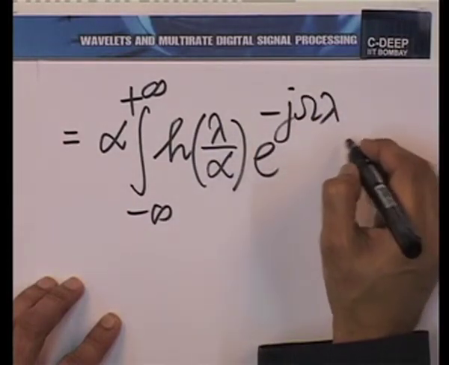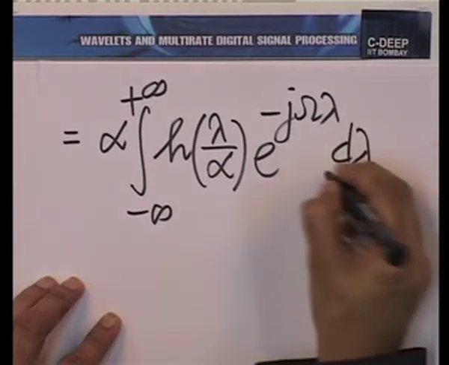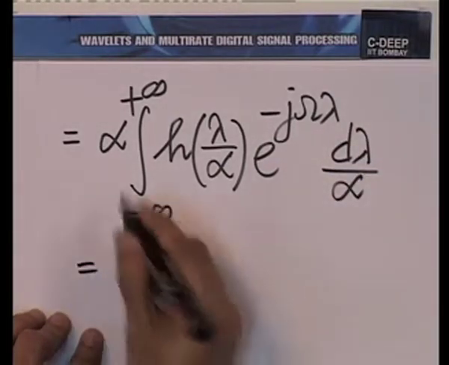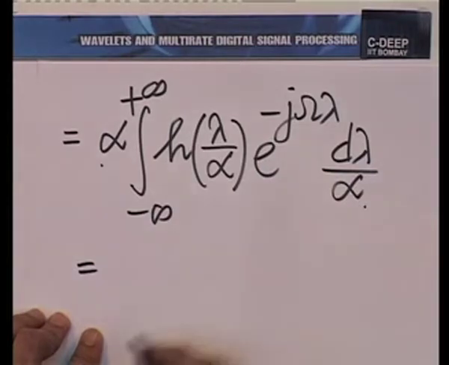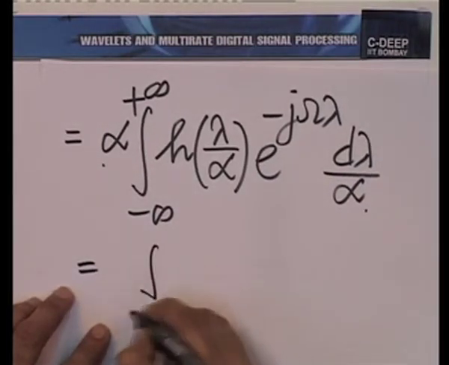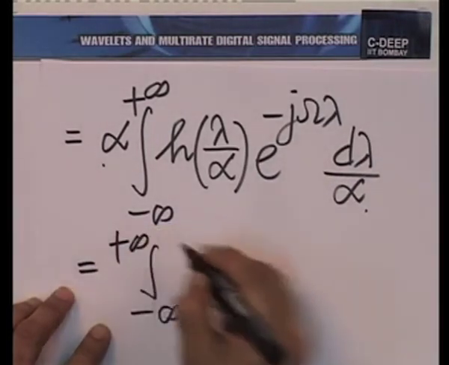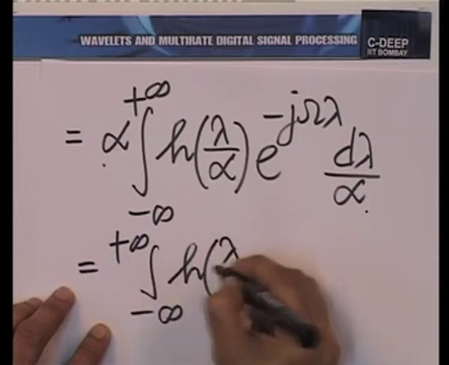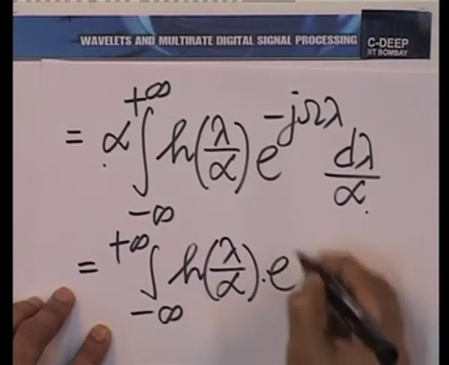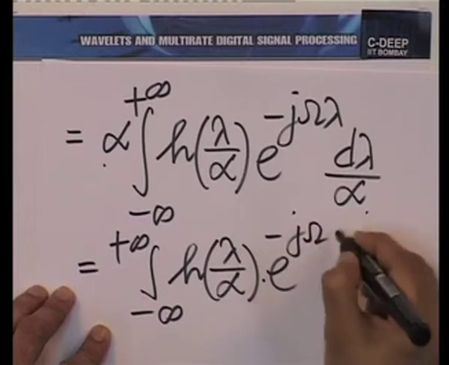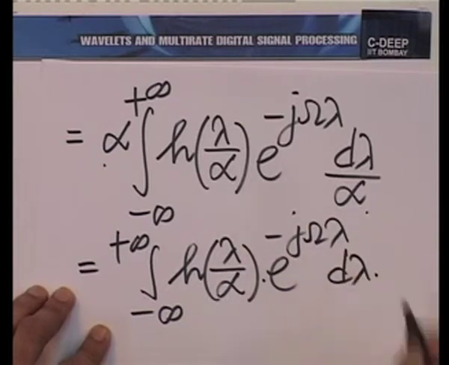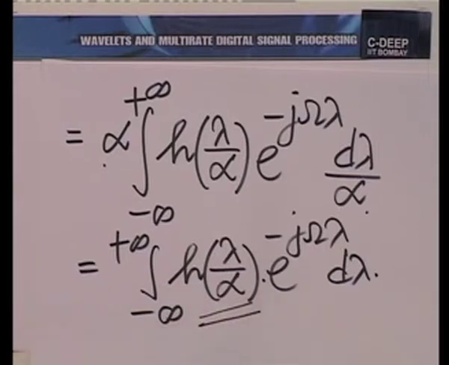Now, dt is d lambda by alpha. And now, if we just cancel the alpha here and the alpha here, we get integral from minus to plus infinity h lambda by alpha e raised to the power minus j omega lambda d lambda, which is essentially the Fourier transform of h of lambda by alpha as the argument.